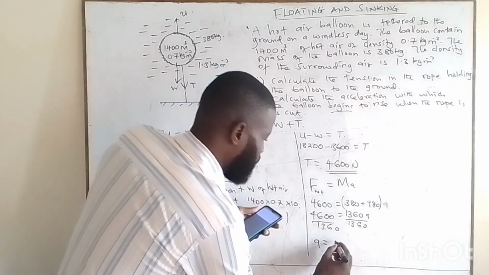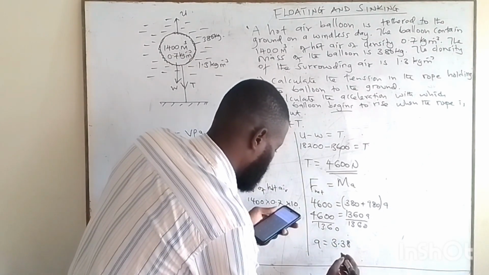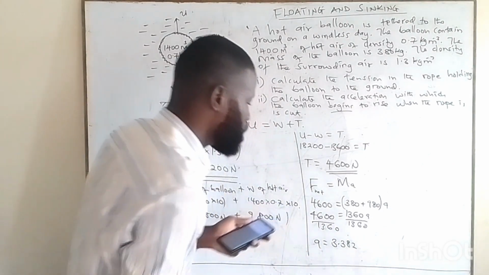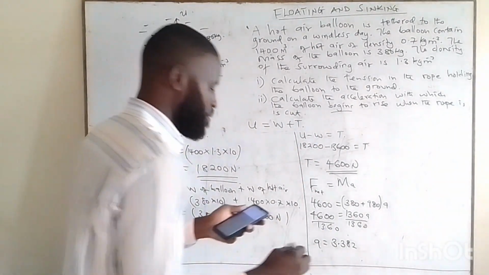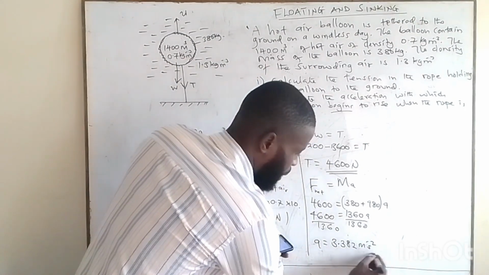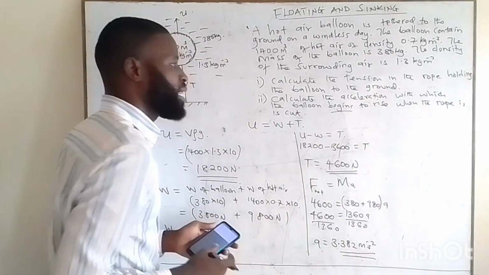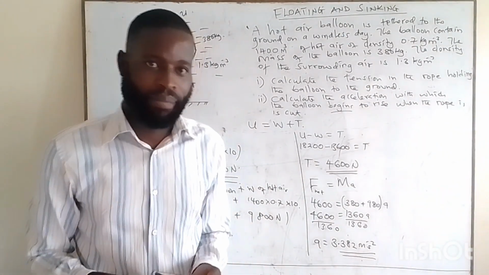We get 3.382. We need to give our answers to 4 significant figures to be safe. Meters per second squared. That is the acceleration with which the balloon begins to rise.